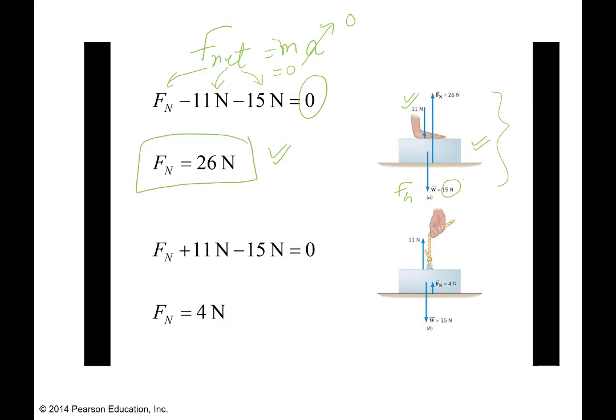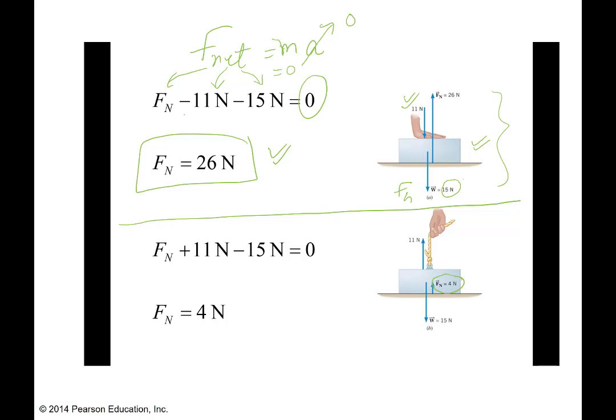In the second case, same scenario. What if instead of the hand pressing down, I have an additional force pulling it up? So the arrow is now in the upward direction. So normal force is becoming lesser because now there is an additional force in the upward direction.